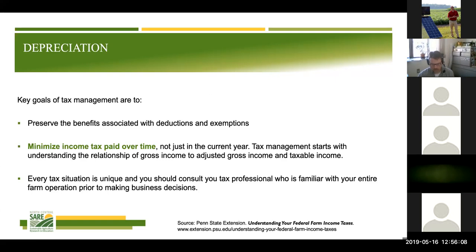In general, when you think about bonus depreciation, it's important to remember that if we claim the full 100% bonus depreciation in year one, you're going to give up deductions in future years that you could have used against income.